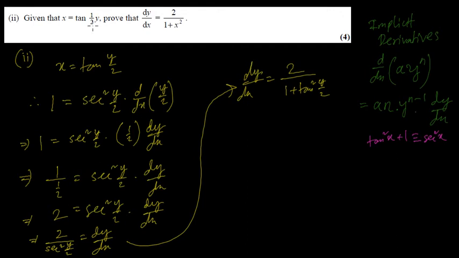That means, remember, x equals tan theta, theta meaning y by 2, tan y by 2. So instead of 1 plus tan squared theta, we can write 1 plus x squared. Remember, x equals tan y by 2. So instead of tan y by 2 whole squared, we can write x squared. That's the expression proved.